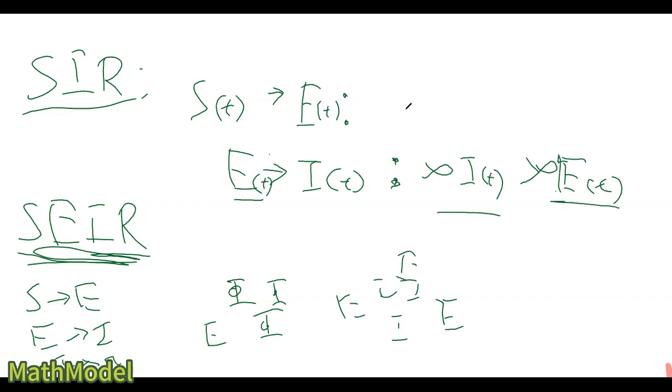And then we have IT to RT. What is it proportional to? This is proportional to IT. Why?